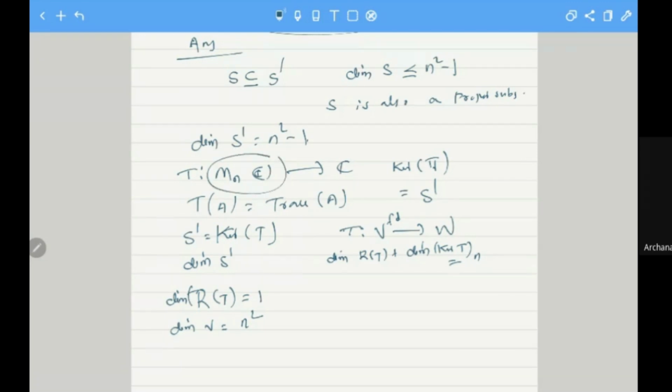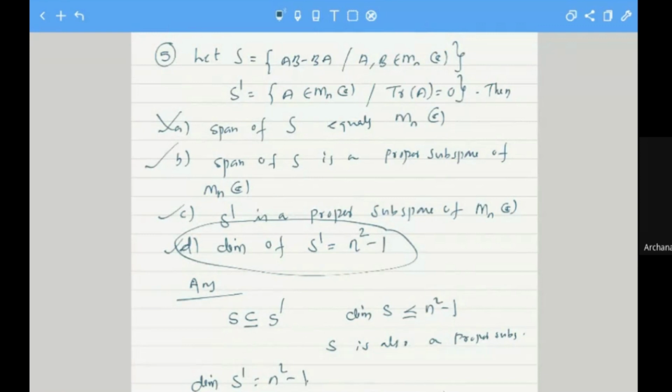Our V is M_n(C), so the dimension of M_n(C) is N square. So if you apply the rank nullity theorem, what do you get? The dimension of the kernel of T, that is nothing but the dimension of S prime, is N square minus 1. Right? The dimension of S prime is N square minus 1.